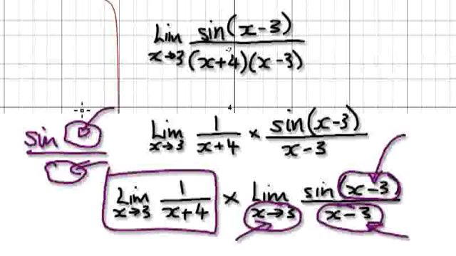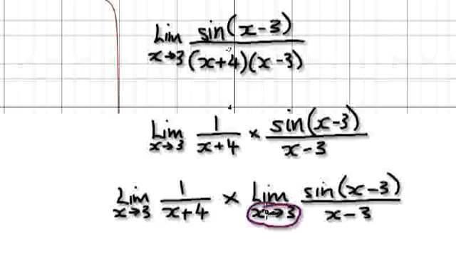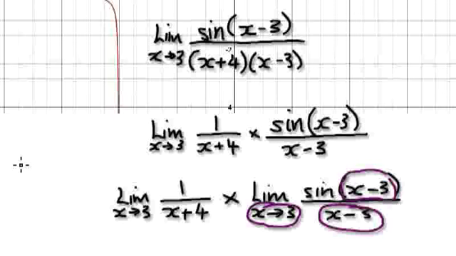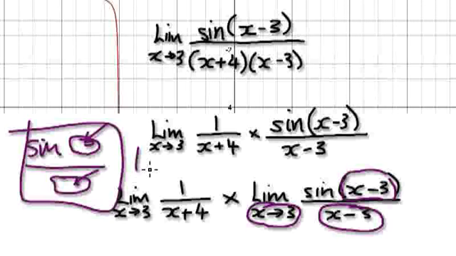You've got to look at the bubble itself. The bubble itself is heading towards 0, even though x is heading towards 3. So you've got sine bubble over bubble, and the two bubbles are heading towards 0. So you can say the whole thing is 1.